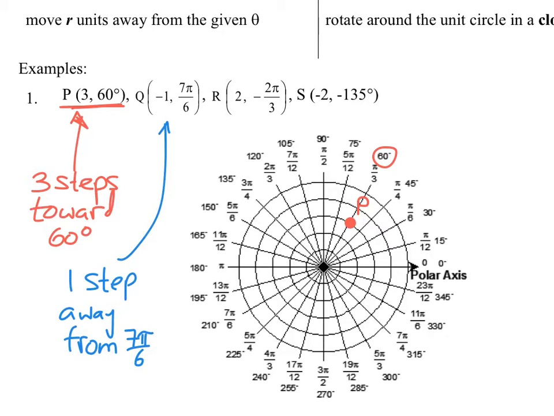Standing at the pole, looking at 7 pi over 6, I'm going to take 1 step in the opposite direction. Sometimes a ruler can be helpful. I don't have one, so I'm going to use this. Just trace the line in the opposite direction so you know what path you're going on.